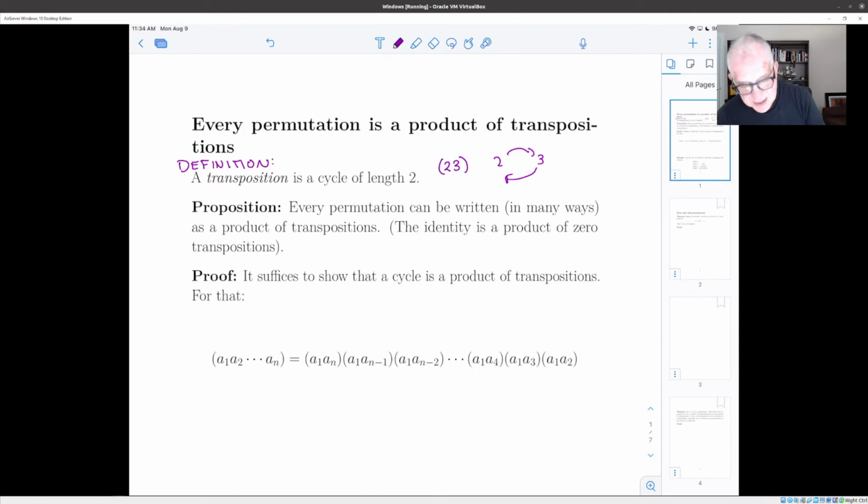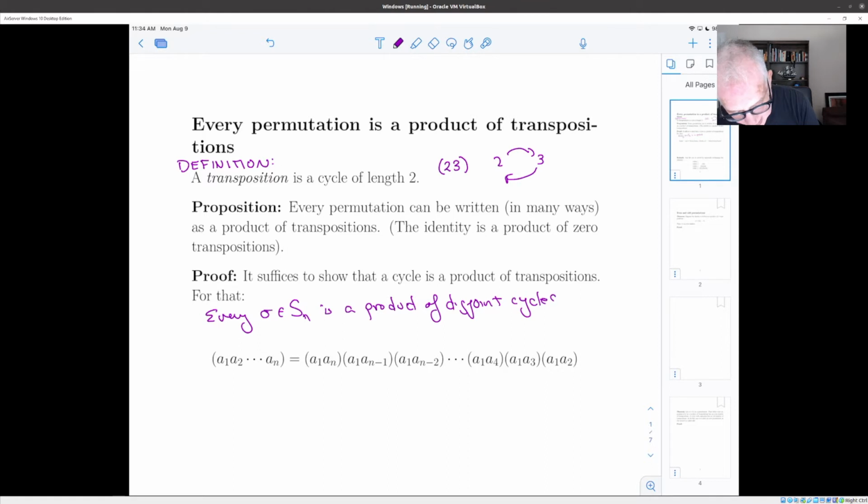And to prove this, we can use the fact that every sigma in the symmetric group is a product of disjoint cycles. We proved that before.